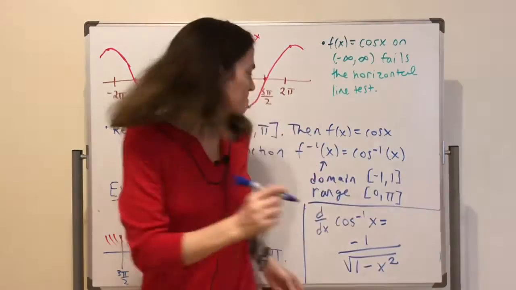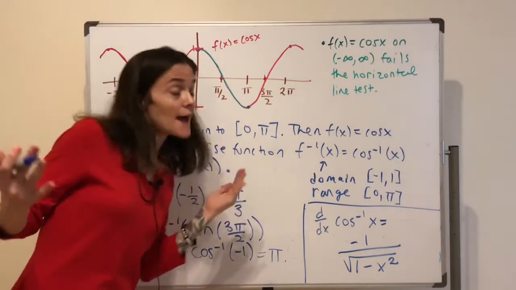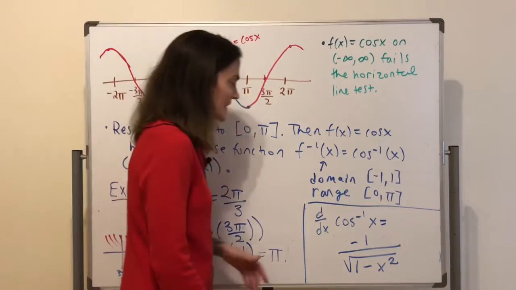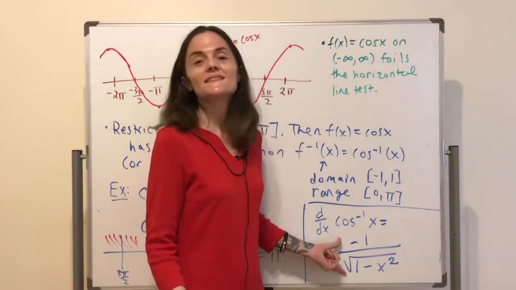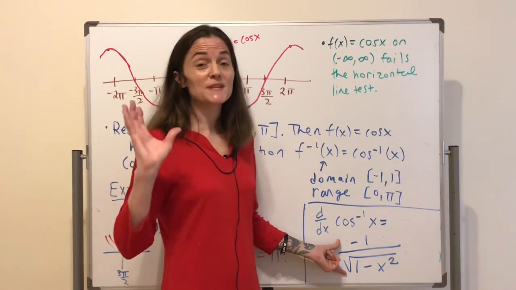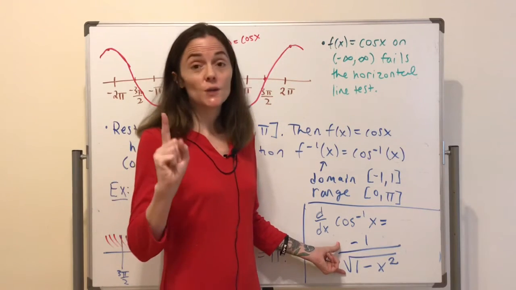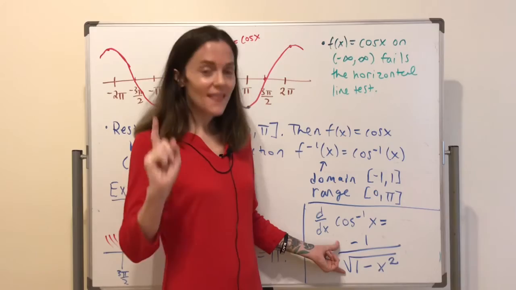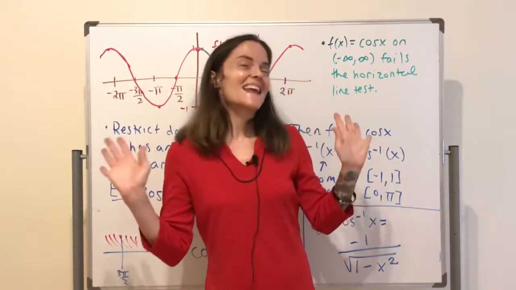So it's almost like the derivative of sine inverse, except with a minus sign. If you wanted to justify this, you could proceed just as we did for the inverse sine function, using the inverse function theorem. I'll leave that as an exercise.